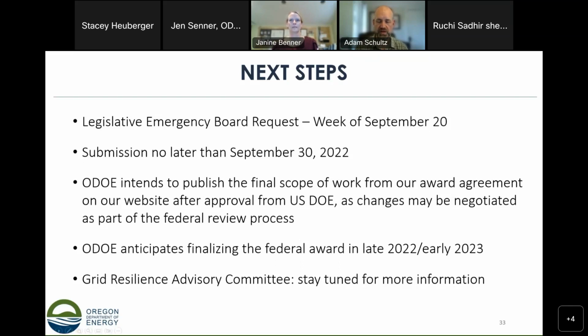I have a couple of different thoughts on this, and I welcome Jen's input as well. I think there is an interest on our part and USDOE overall in getting projects that can deliver community benefits in the near term. I don't think the intent here is to fund projects that are sort of a glimmer in a utility's eye, right?